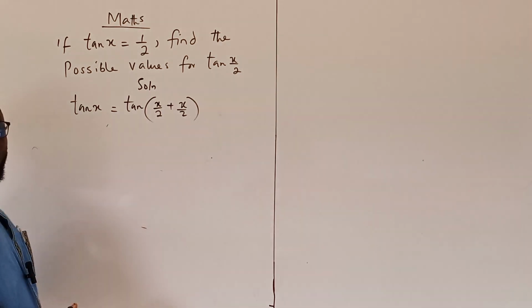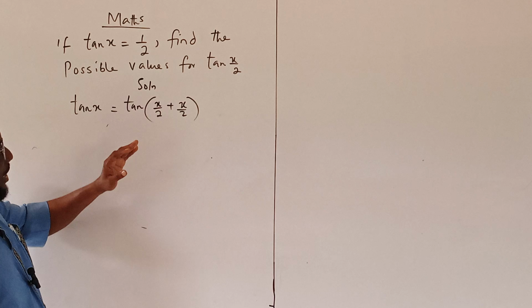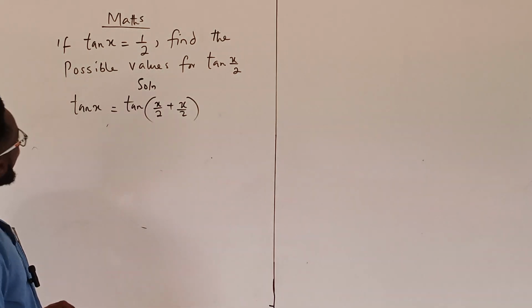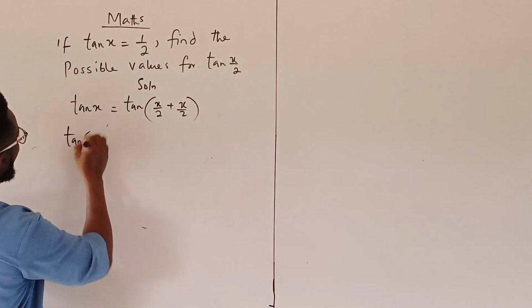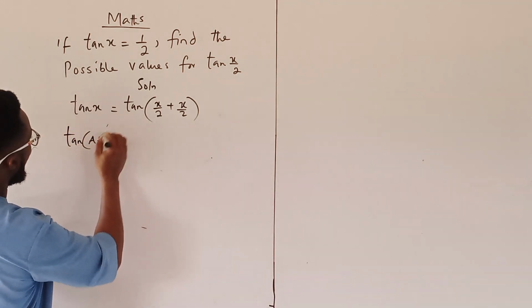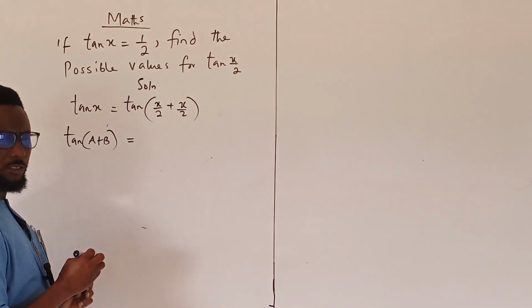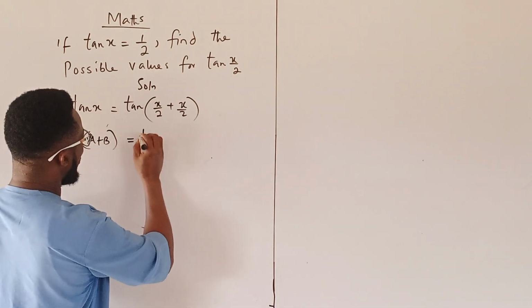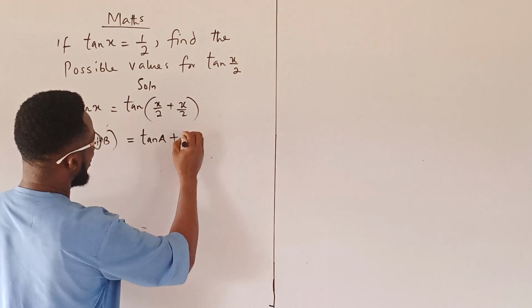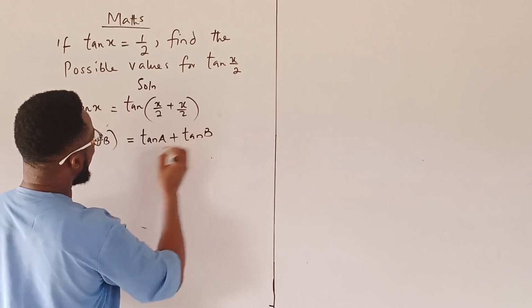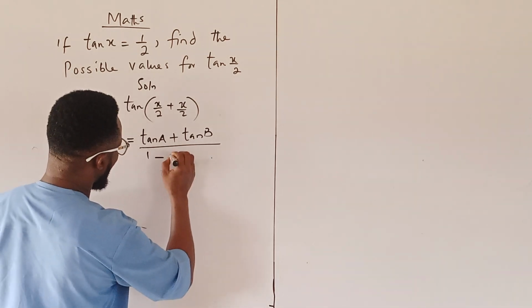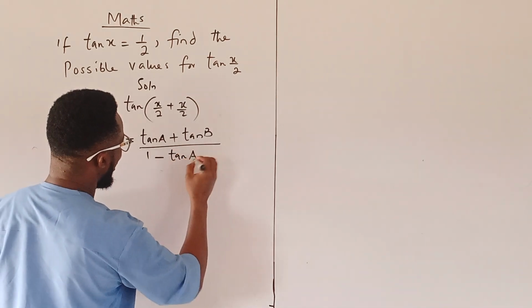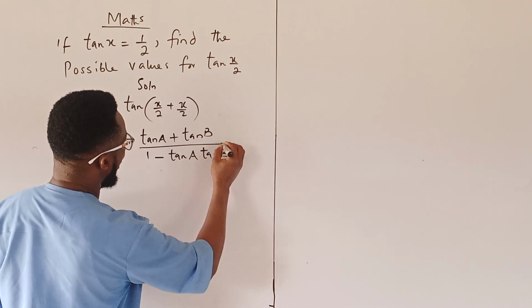So this is the main crux in this solution. So from the addition formula for compound angles, we have that the tangent of angles A plus B can be written as the tangent of angle A plus the tangent of angle B upon 1 minus the tangent of angle A multiplied by tangent of angle B.